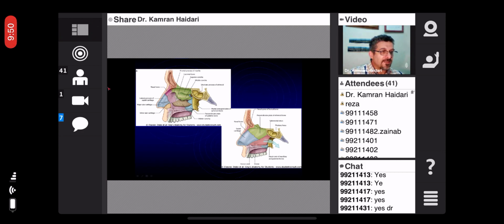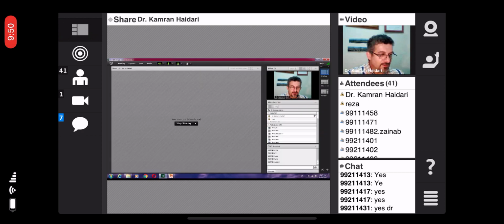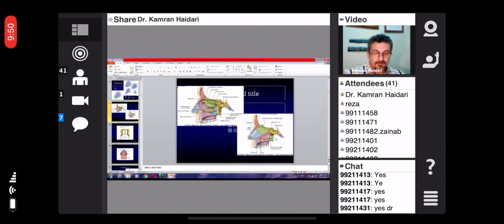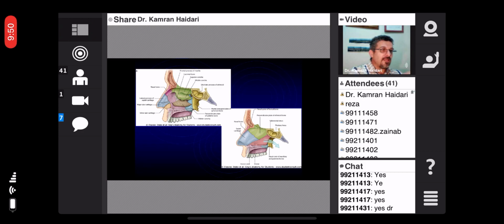And finally we've got the fibrofatty tissue. Okay, I check here, everything is okay. All right. This is the lateral wall of the nasal cavity, and the medial wall of the nasal cavity is actually the nasal septum.